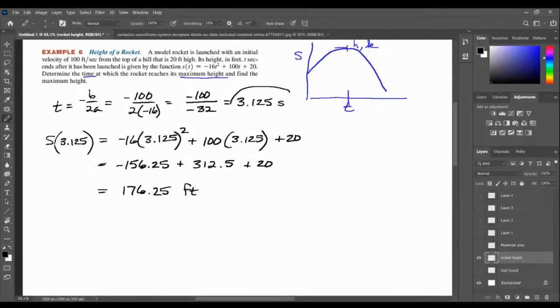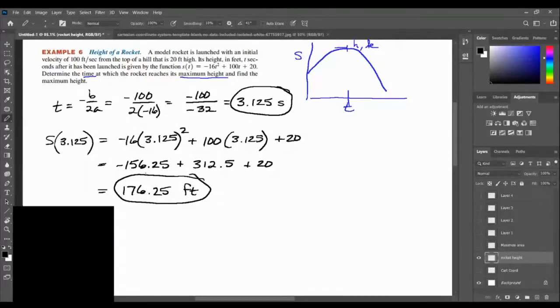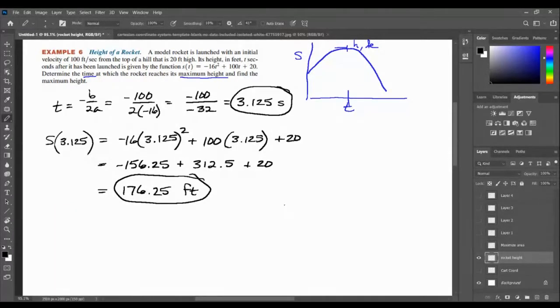So we've got the time and we've got the height, all from the vertex formula. You can see that saves us time over trying to complete the square and getting this into that other vertex formula. But all this gives you is the vertex. It won't give us the zeros where it hits the ground. It won't tell us how long it takes until it hits the ground. Finding some of those other things, like plugging this into the quadratic formula, will give you that.